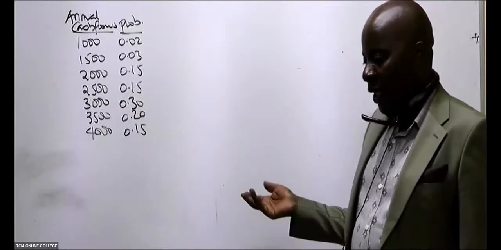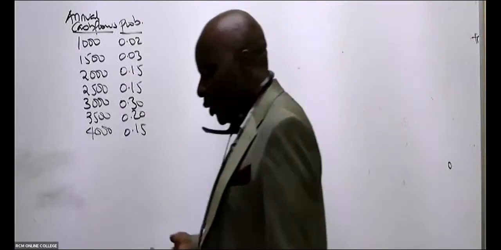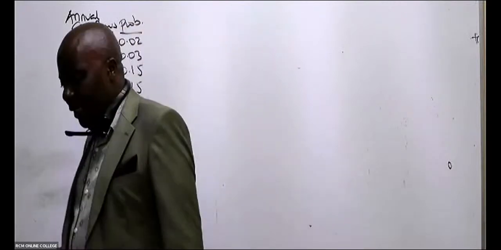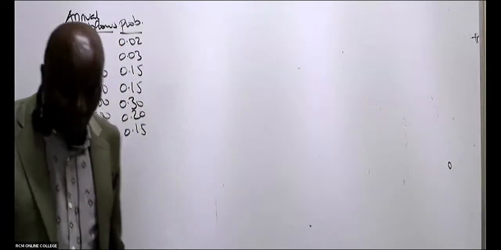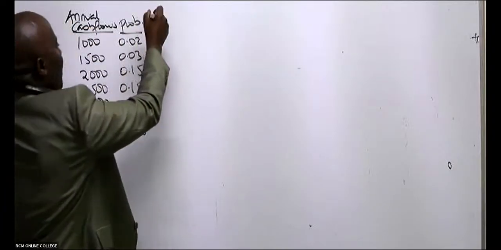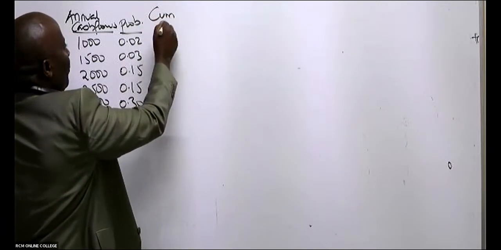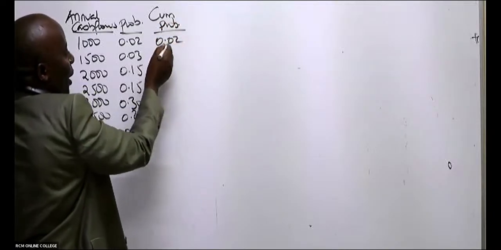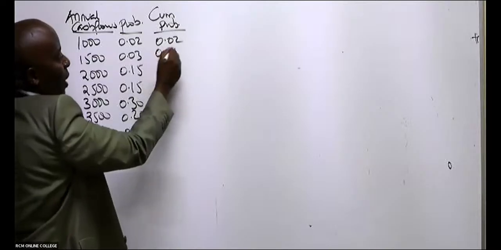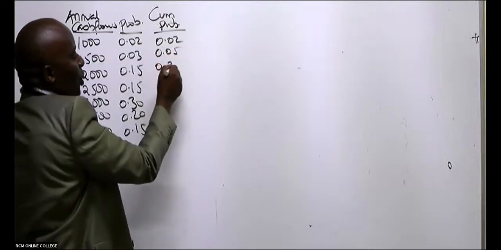So first of all, we get the cumulative probabilities. Go ahead and give me the cumulative probabilities. So we have 0.02. If you add this one here, it is 0.05. So this will be 0.20.